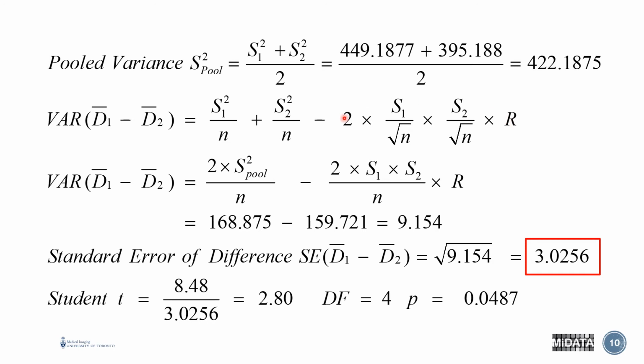So if we add on this calculation, then it's 168.875 minus what this term is, which is 159.721, and we get 9.154. So this is the variance of the difference. If we then take the square root for the standard error, we now get what we found in the paired analysis, which is 3.0256. And then when you do your student t, we get exactly what we got in the previous slide.